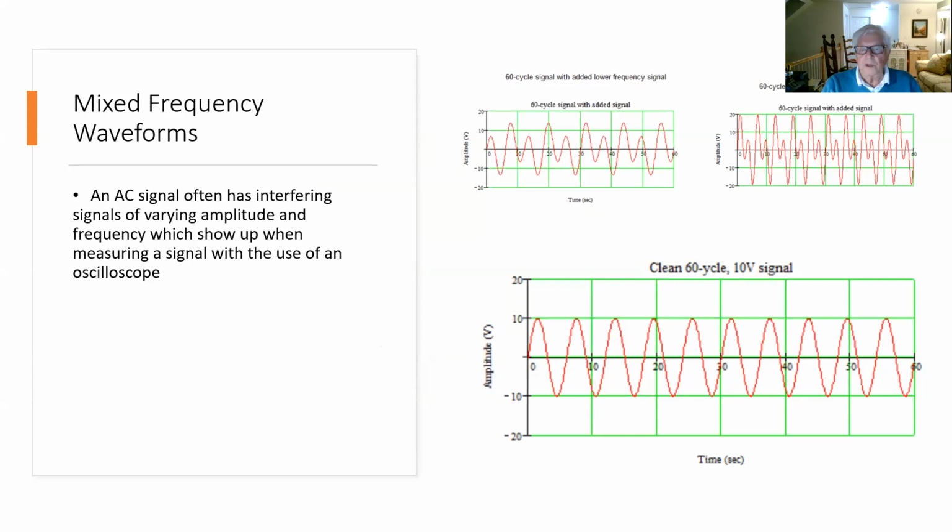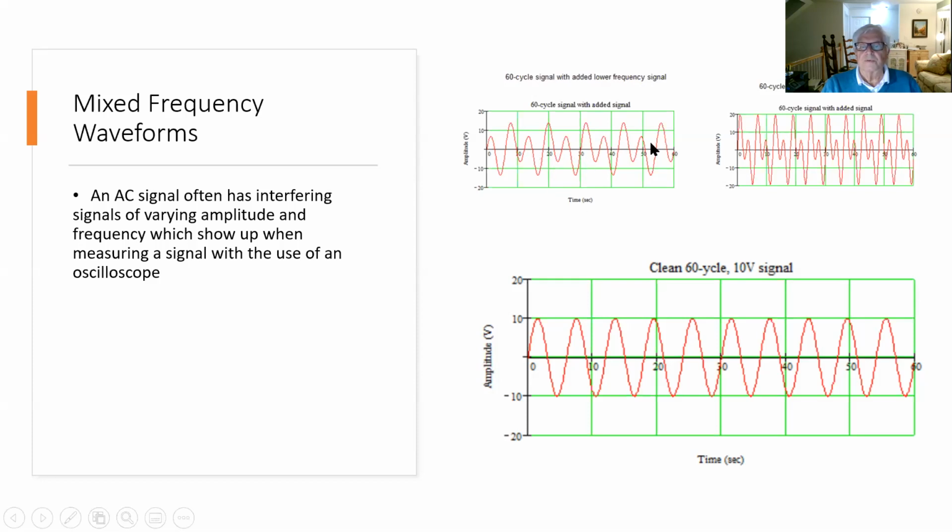On that, we impose an additional signal. Up here on the upper left, we're imposing a lower frequency signal upon this 60 cycle signal.